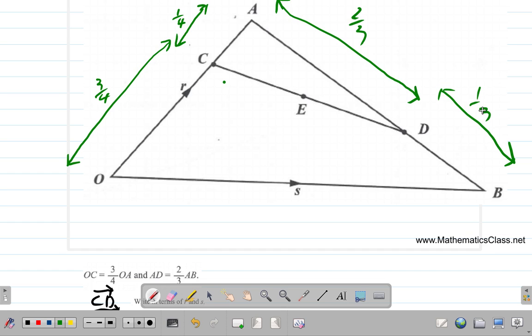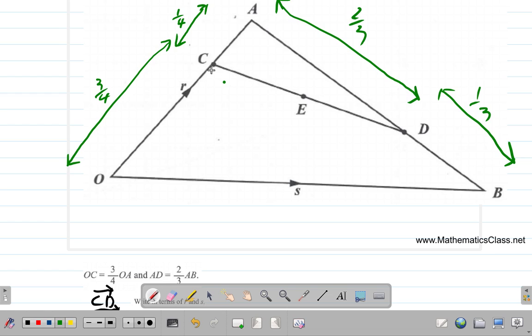You see? 2/3 of the way. That means if from here to here is 40 centimeters, then this is 30 and this is 10. And if from here to here is 30 centimeters, then from A to D would be 20 and D to B would be 10, right?